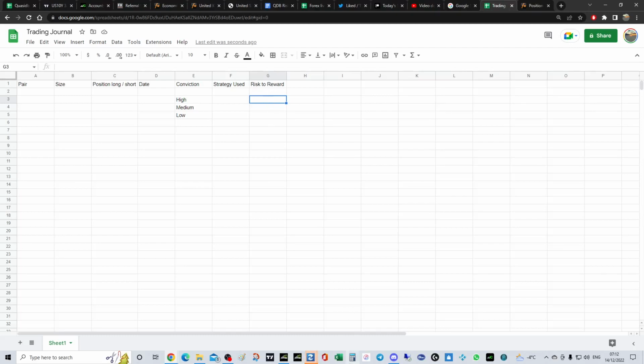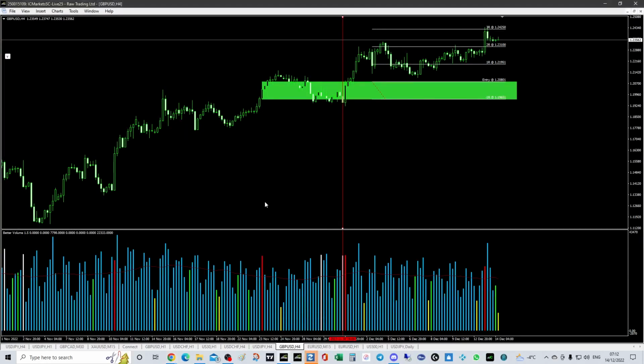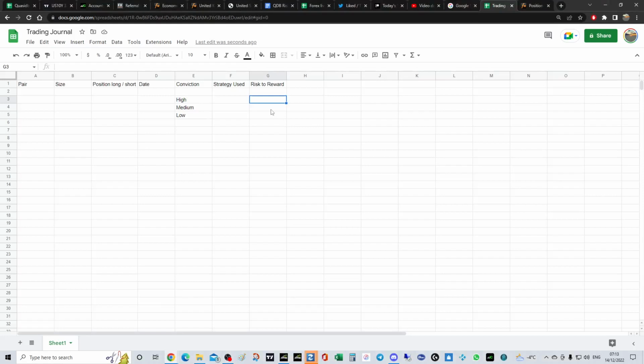So, for example, in the pound USD, this wasn't a trade that I took personally, but we had a -1R, and then we had an entry which resulted in a 3R. So, admittedly, that was a loss, but we had a 300 odd pip result. Okay, so that would go in as a loss, so it'd be a -1R, just theoretically.